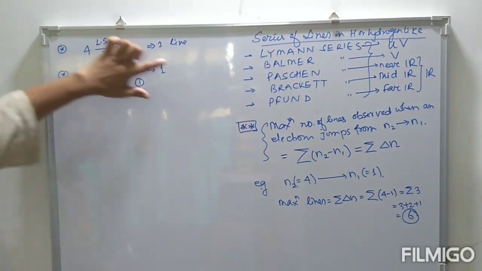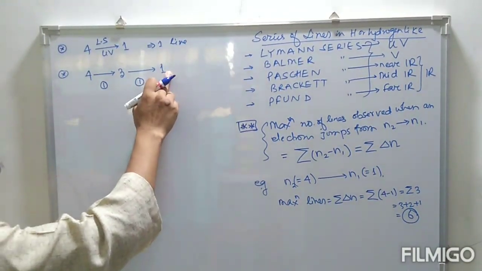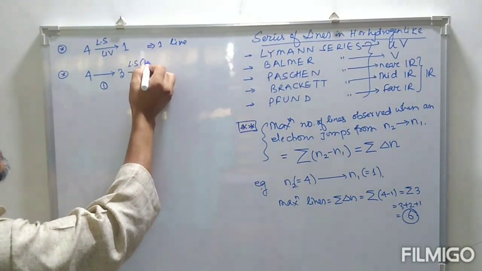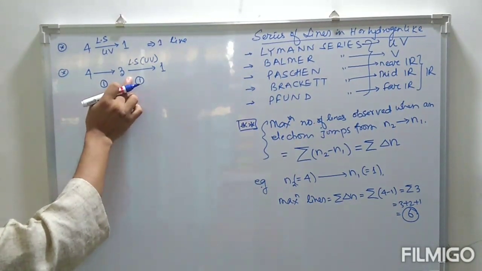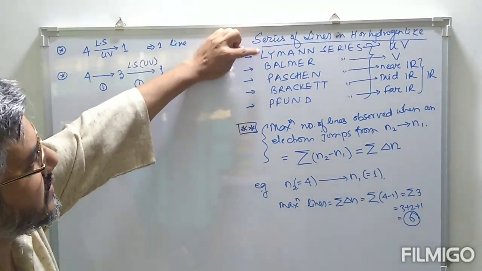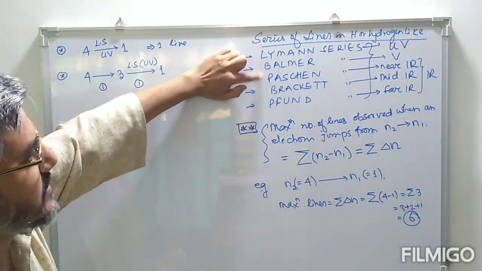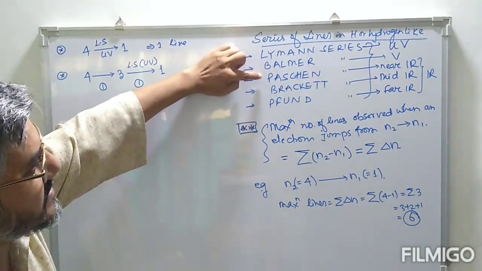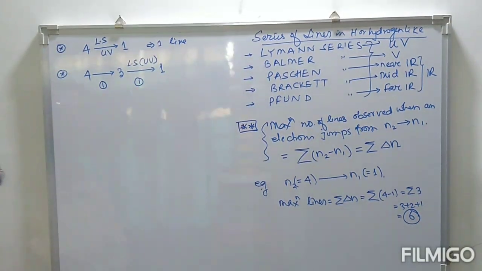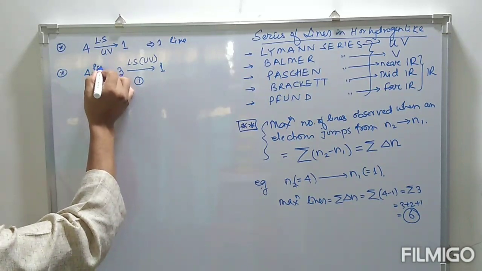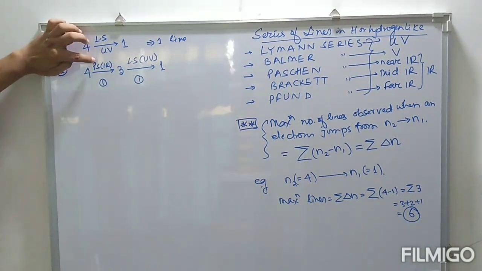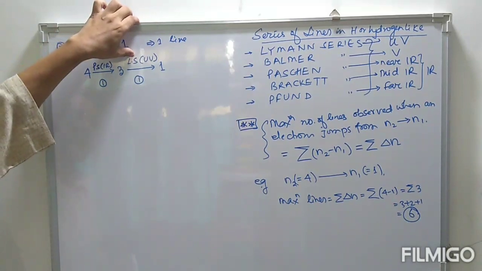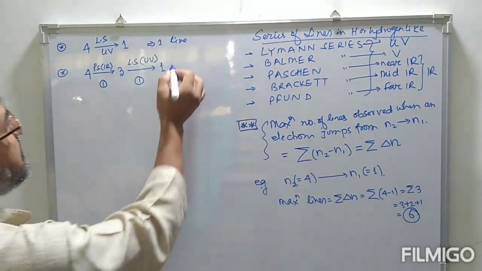The electron coming from 3 to 1, the final resting place is 1, so this comes in the Lyman series, or ultraviolet. The electron from 4 to 3, n1 is 3, so that was in the Paschen series, and this is infrared. So we have two lines, one line corresponding to the Paschen series, that is infrared, the second line corresponding to the Lyman series, ultraviolet. So we have two lines here.